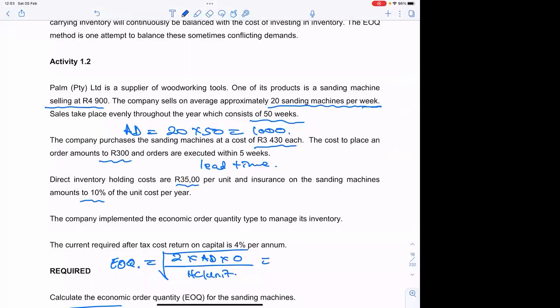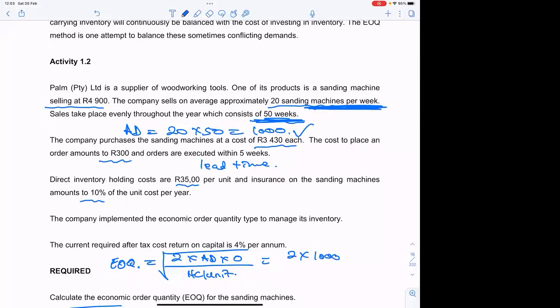So we are going to say it is 2 times our annual demand. The demand that is given is in weeks. Are we together? So it is 20 sanding machines per week, and there are 50 weeks in a year. So for us to get our annual demand, we say 20 per week multiplied by 50 weeks. So we got 1,000. So am I right? 20 by 50 is 1,000.